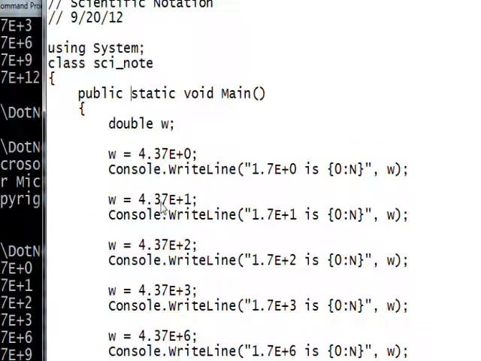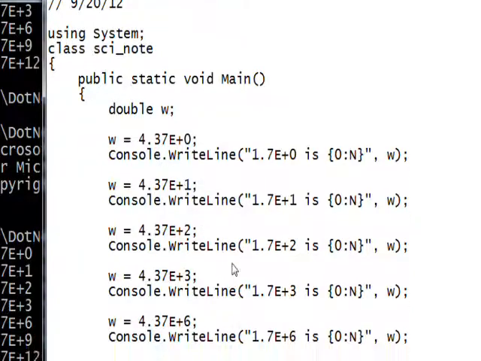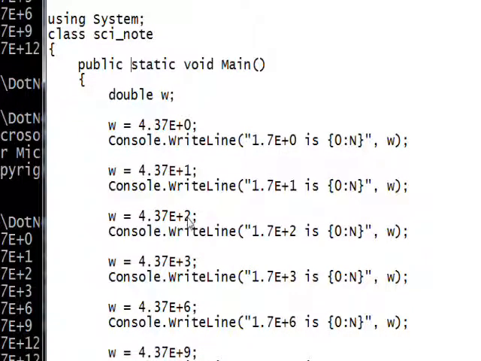And then the next one is 4.37 times 10 to the 1 exponent, which will be times 10, because any number to a 1 exponent is itself. And the next one is 2, which was 10 to the 2, or 100.